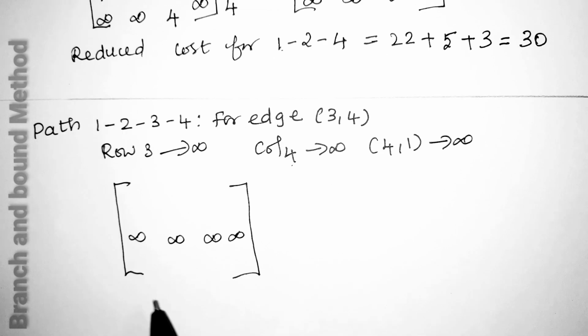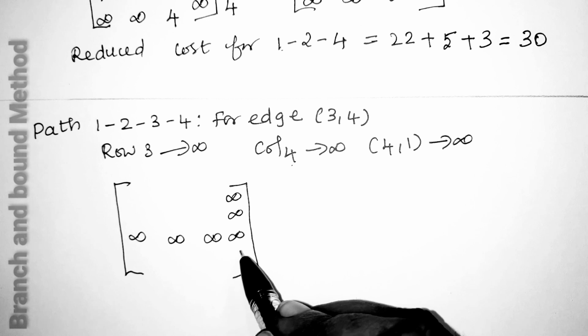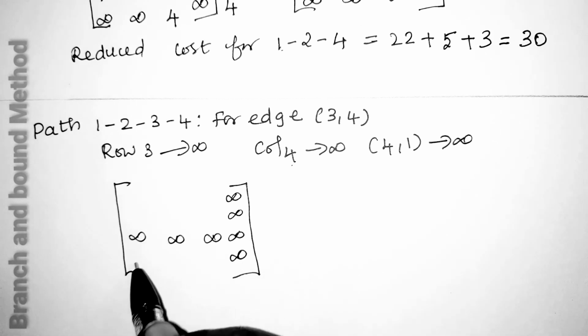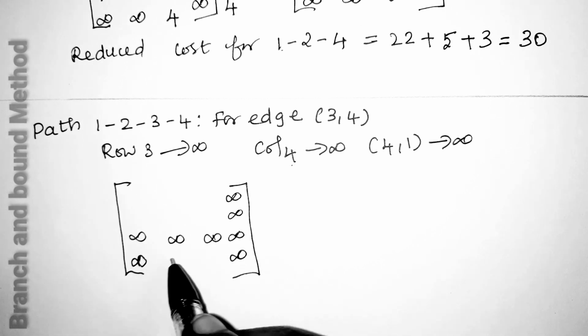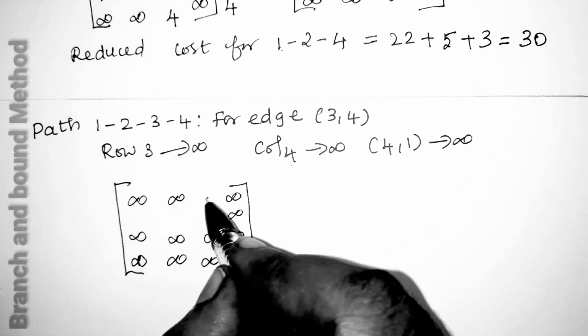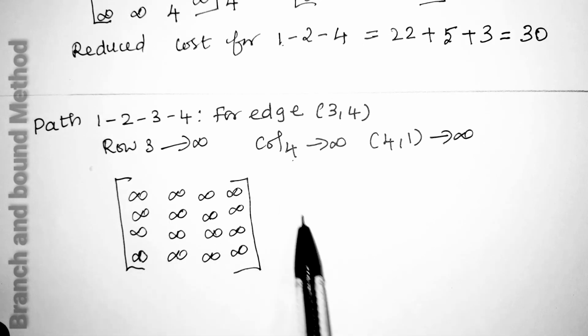That is, row 3 is infinity, column 4 is infinity, and you write the remaining as it is. Here 4, 1 is also infinity. All the rows and columns contain infinity, so no need for the row operation and column operation.